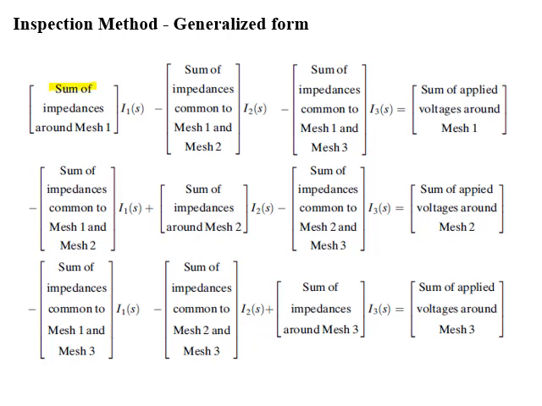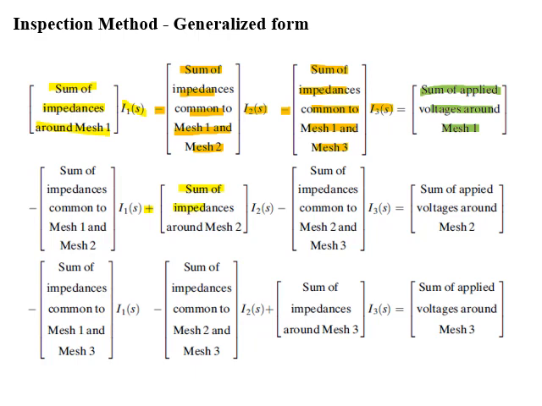For loop 1, the equation will be the sum of all the impedances around mesh 1 multiplied by mesh 1 current, subtracting all the impedances which are common between mesh 1 and mesh 2 multiplied by the mesh 2 current, subtracting all the impedances which are common between mesh 1 and mesh 3 multiplied by mesh 3 current, and this will be equal to the sum of applied voltages around mesh 1.